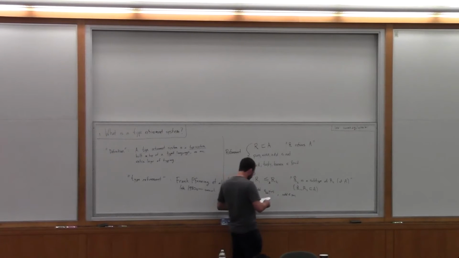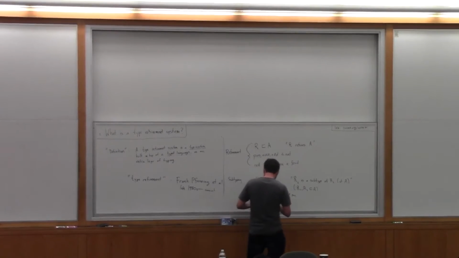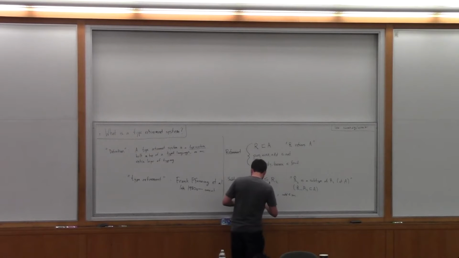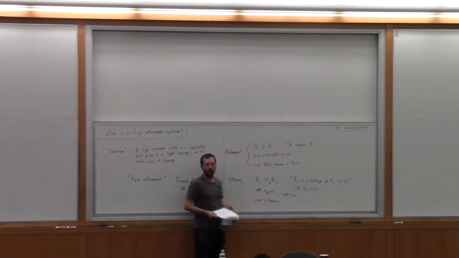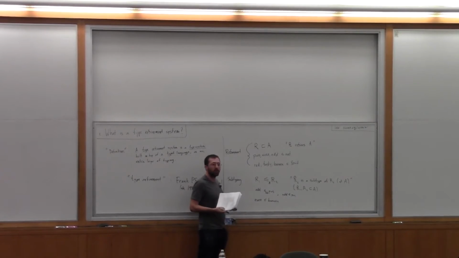But if I try to write something like, say, even is a subtype of banana, it's a bit strange. So everything which is even is also a banana.